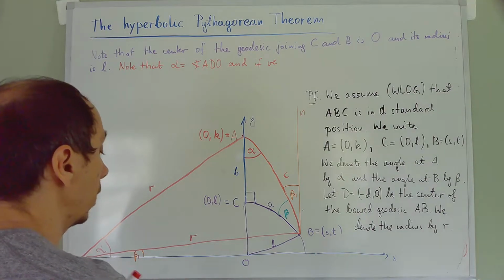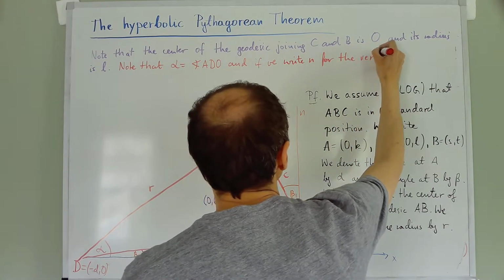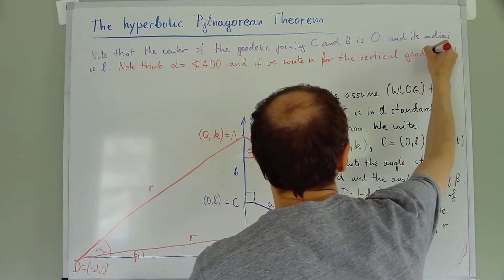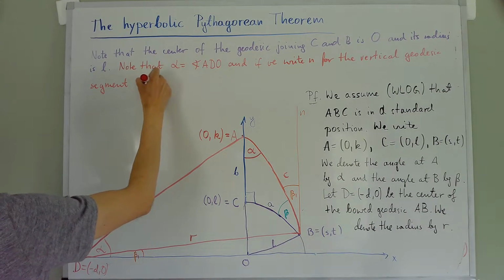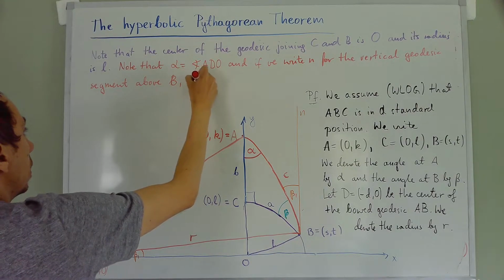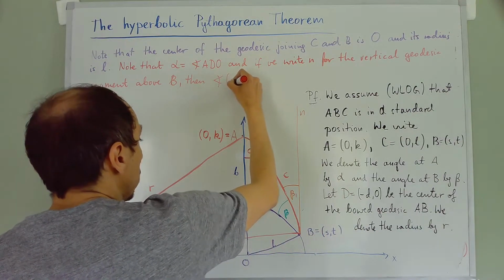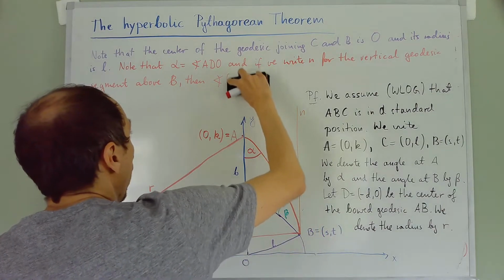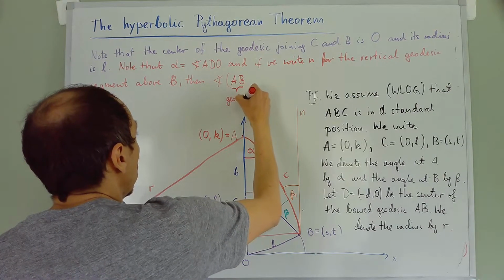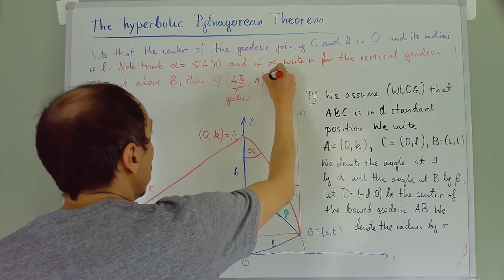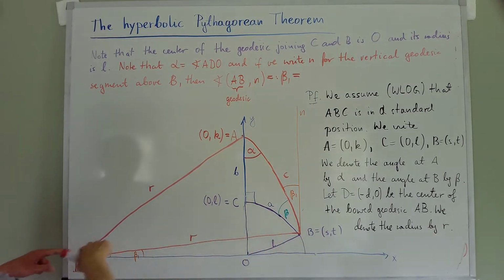If we write N for the vertical geodesic segment above B, then the angle between the geodesic AB and N, which I define to be beta 1, is equal to this angle BDO.